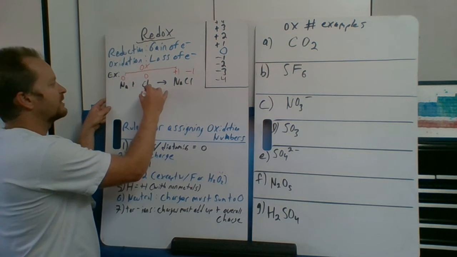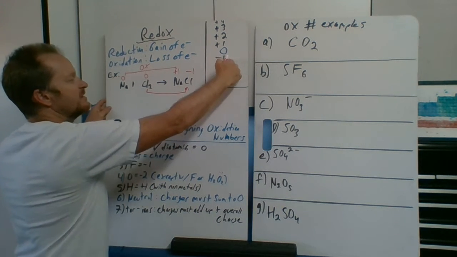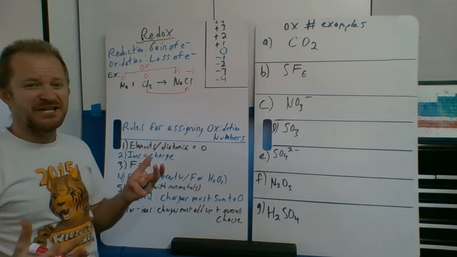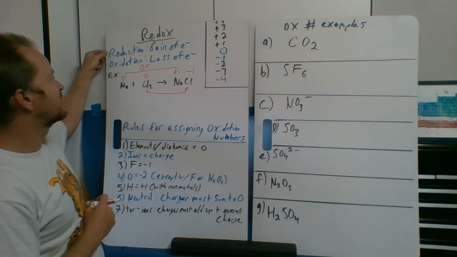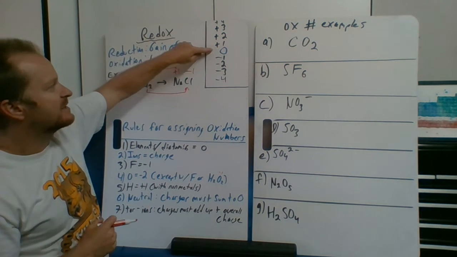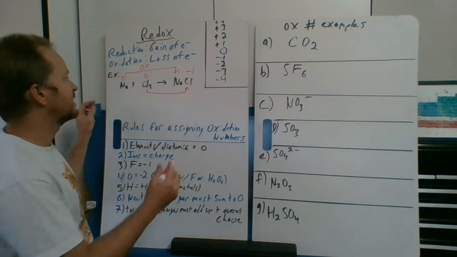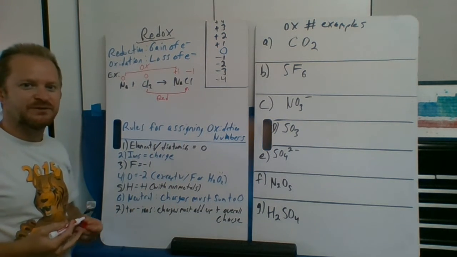The chlorine, on the other hand, is going from 0 to -1. Its oxidation number is being reduced. That is why we call reduction reduction, because even though you're gaining an electron, the oxidation number is getting reduced. It's going down. So I'll write down red. And that's how you would do those.